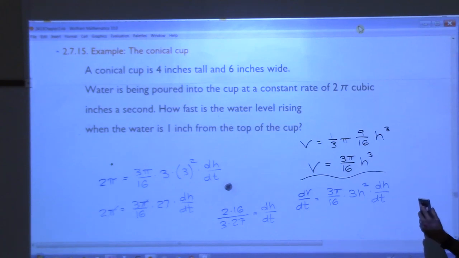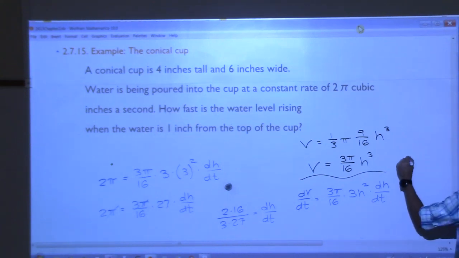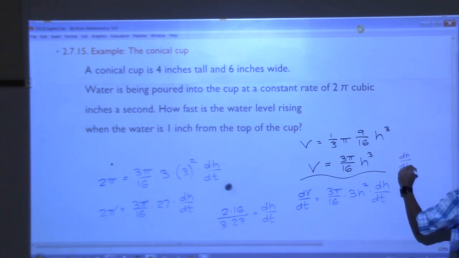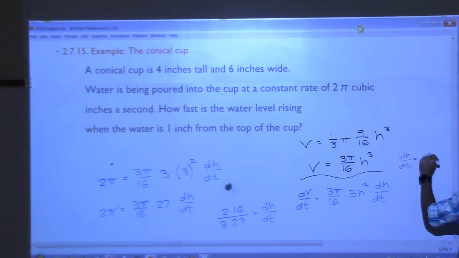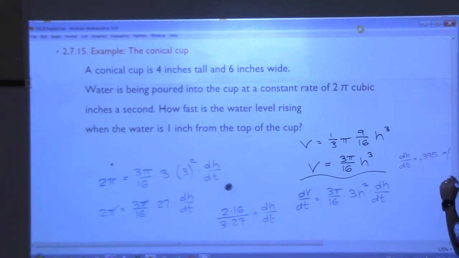So, any questions on that? Now it's 0.395 what? So dh/dt is 0.395. The height was measured in inches per second. So it's coming up at like 0.4 of an inch per second at that exact moment.